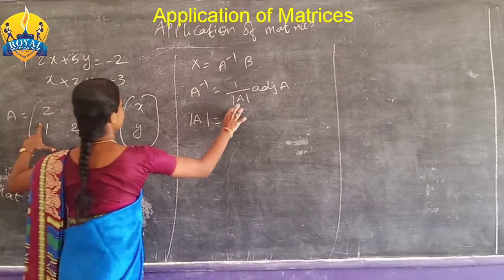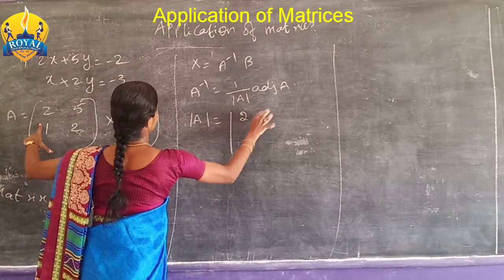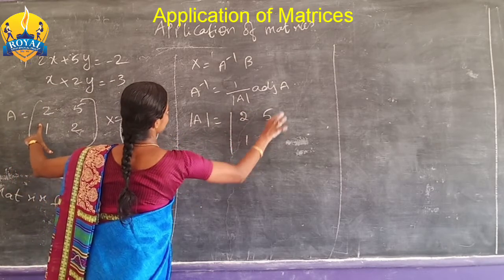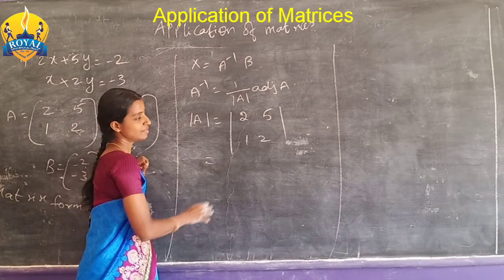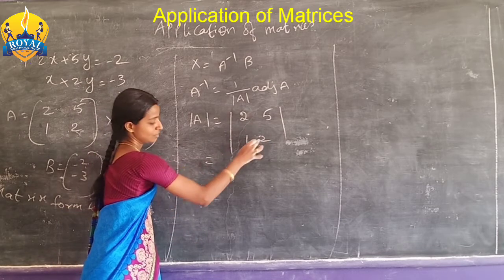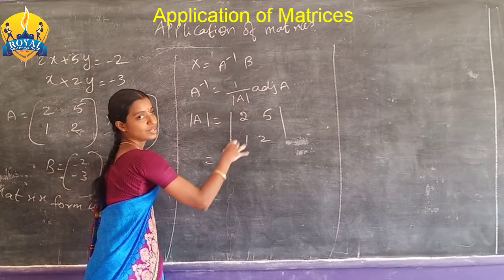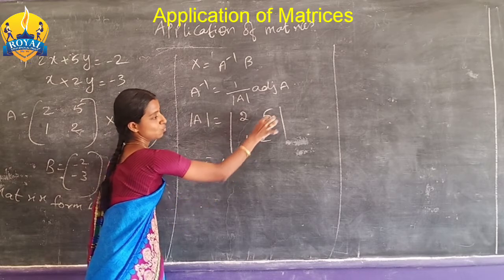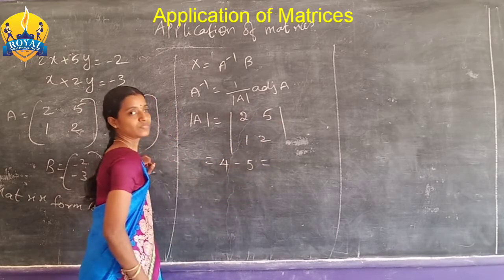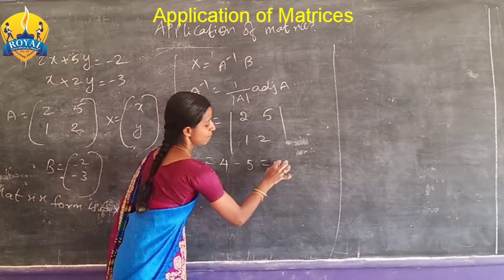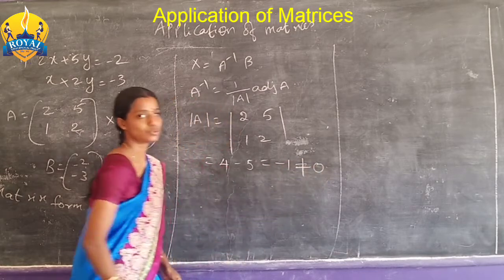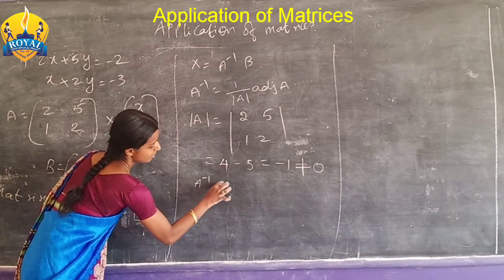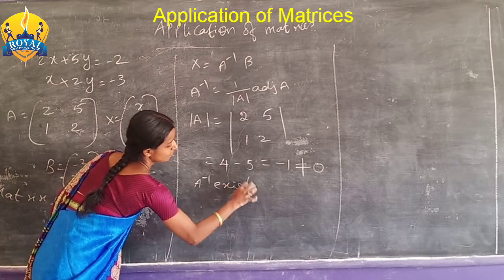So determinant of A is the determinant of 2, 5, 1, 2. Proceeding, 2 twos are 4; going in the reverse order, minus 1 five is 5. Now 4 minus 5 is minus 1. This is not equal to 0, so definitely A inverse exists.